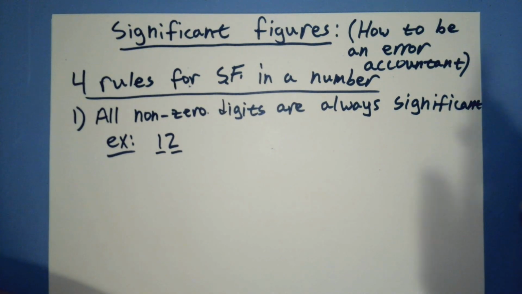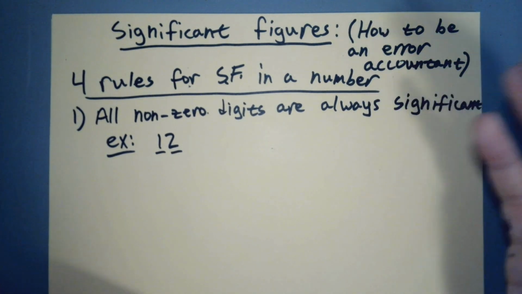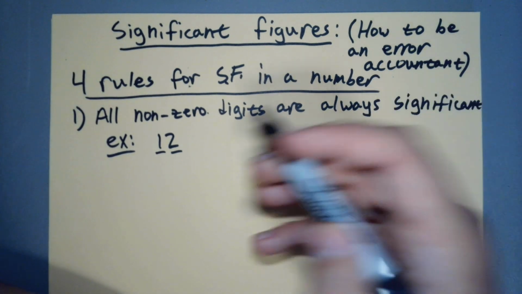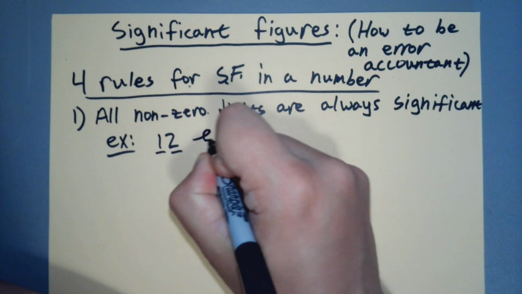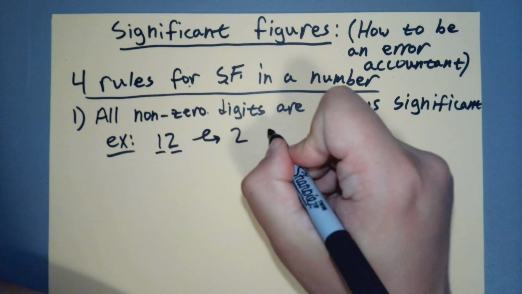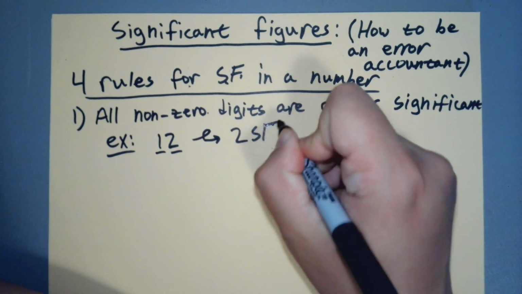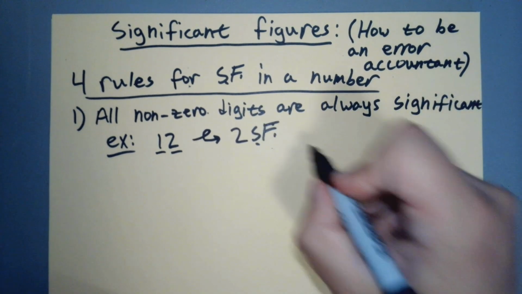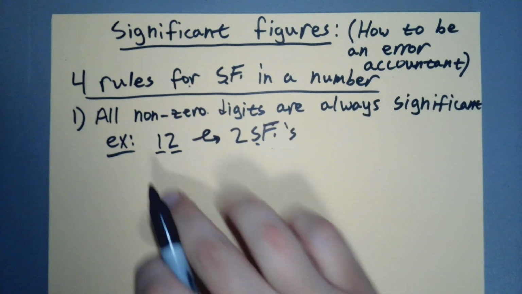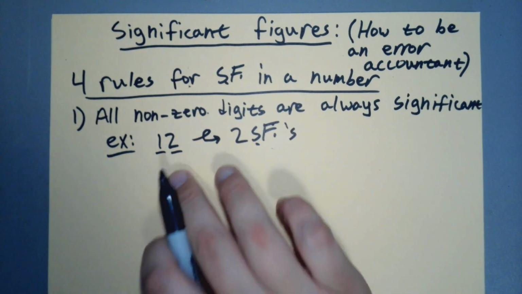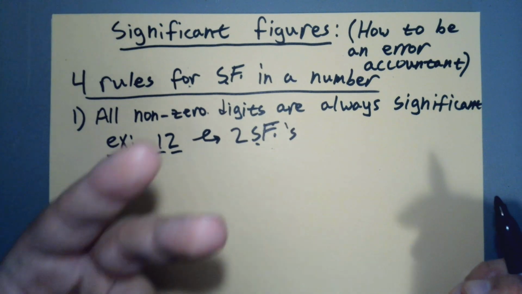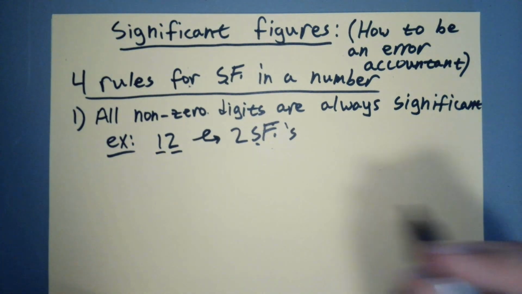The answer is no. Is 2 the same as 0? Another tough question, and the answer is no. So guess what that means? Well, that means we have 2 significant figures in this number. That 1 is significant, that 2 is significant. So this is a number with 2 significant digits. That's what we're looking at.